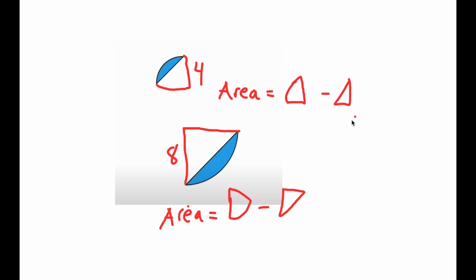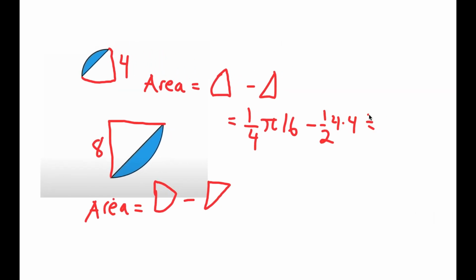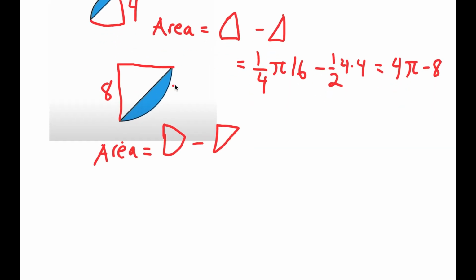And this is going to equal, for this one, 1 over 4 times pi times r squared, which is 4 squared, which is 16, minus 1/2, because the area of a triangle is 1/2 times base times height, so it would be 1/2 times 4 times 4, and this all results to 4 pi minus 8. And for this one, it's going to be 16 pi minus 32. I saved you guys some time with the work.